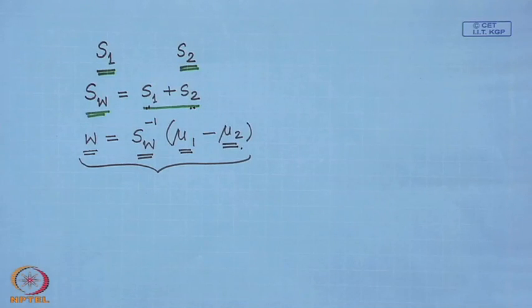That is, the sum of the scatters of the samples belonging to class omega 1 and the samples belonging to class omega 2. So, I take these 2 scatters individually, then add these 2, I get the total within class scatter, which is SW.